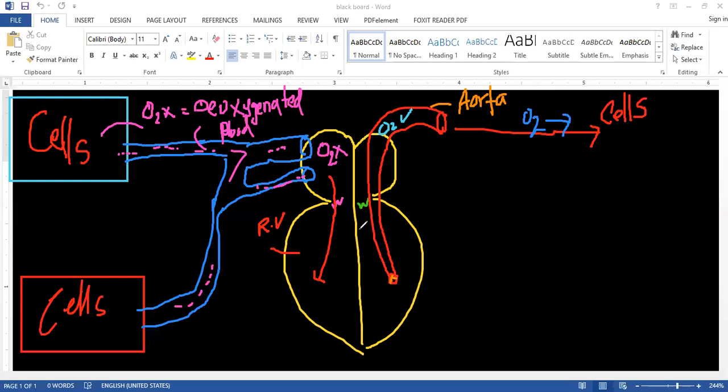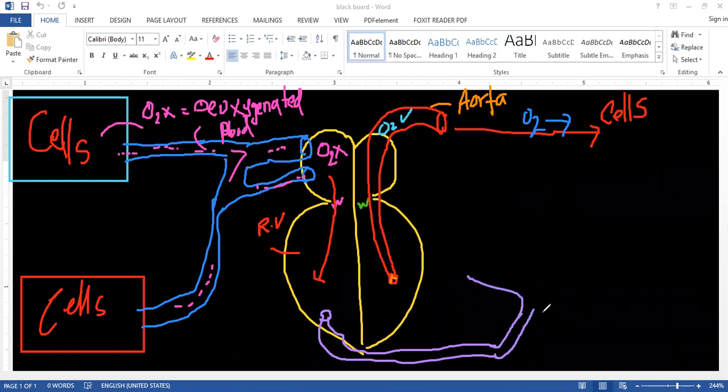There is a tube which starts from the right ventricle, and that is the pulmonary artery. And that pulmonary artery branches as the right pulmonary artery and the left pulmonary artery.